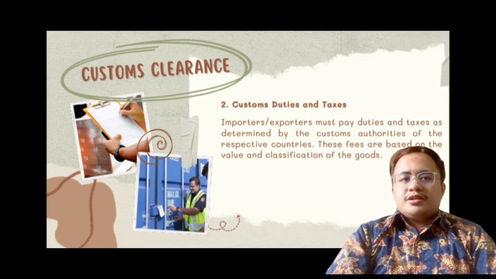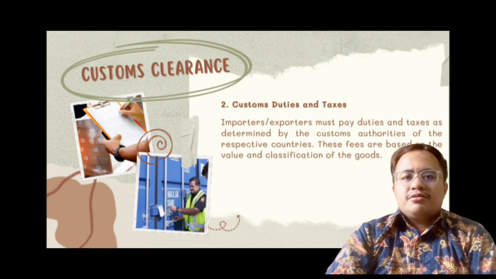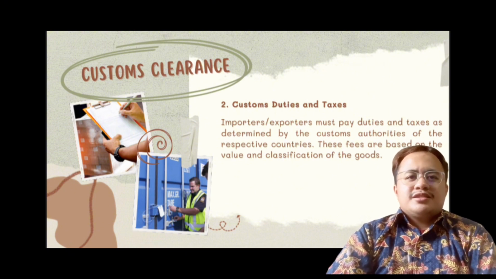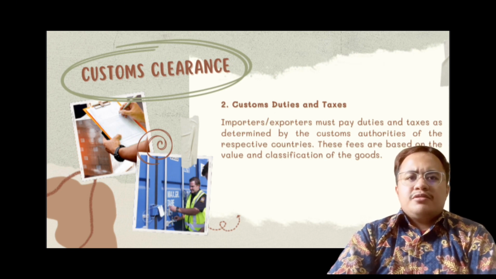Next, the second point for customs clearance is customs duties and taxes. Importers and exporters must pay duties and taxes as determined by the customs authorities of the respective countries. These fees are based on the value and the classification of the goods.